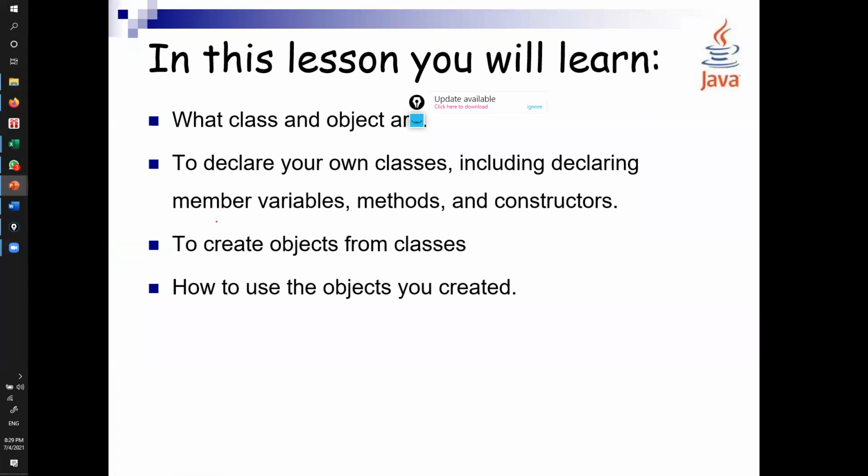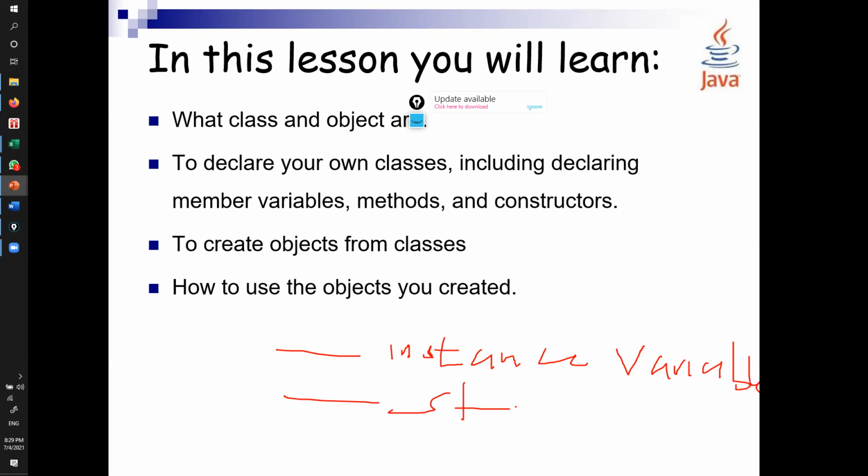So for variables, we have what we call instance variable, then we have static variable. Also we have what you call local variable. So instance variable, those are the variables of the class.